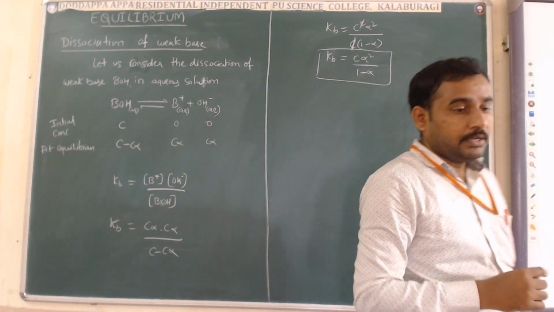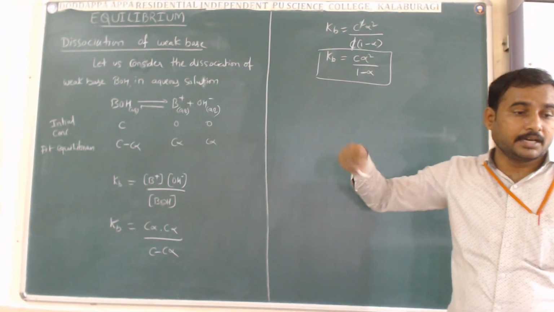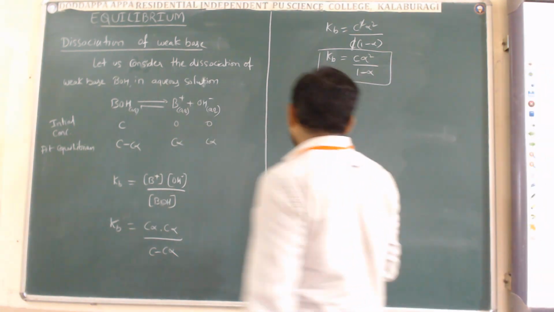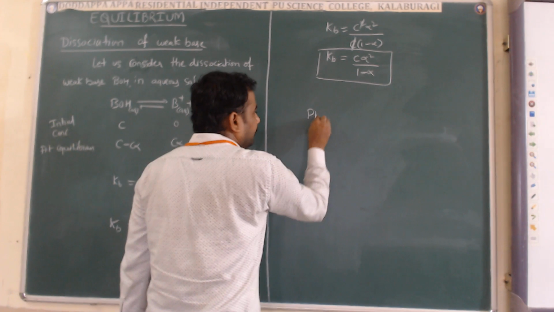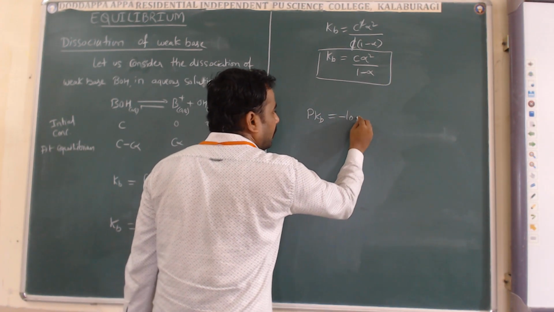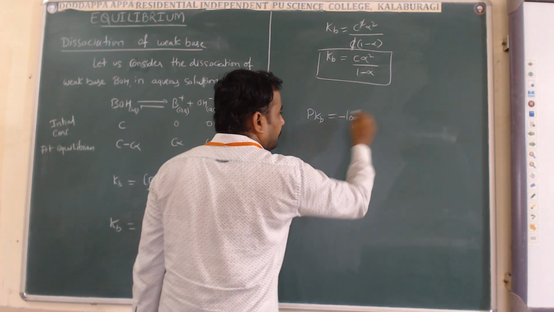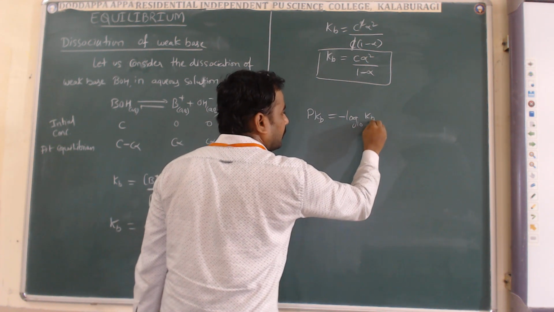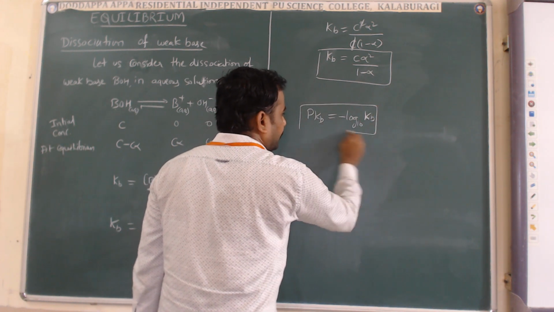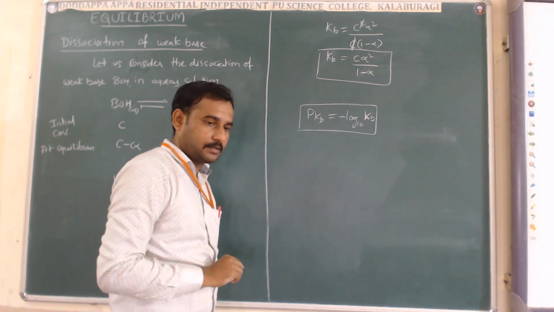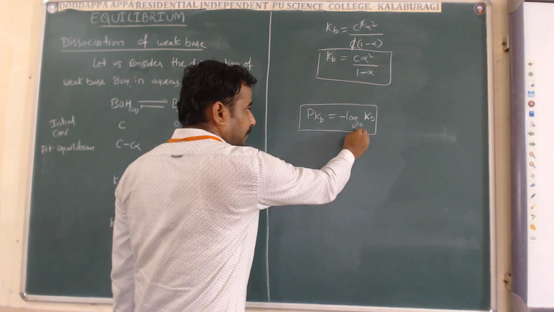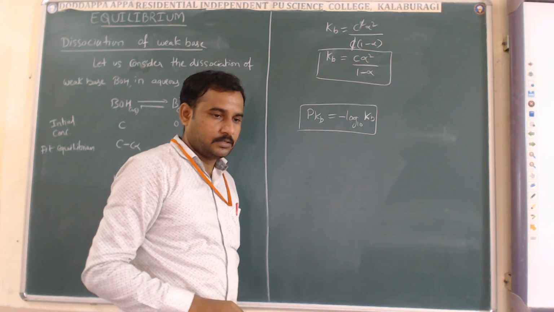Next, if we write this in terms of the pH scale, Kb becomes pKb, which is equal to negative logarithm of base 10 of Kb, the dissociation constant of the weak base.